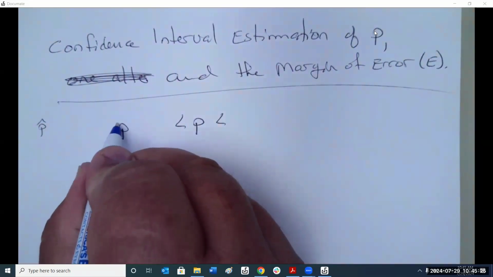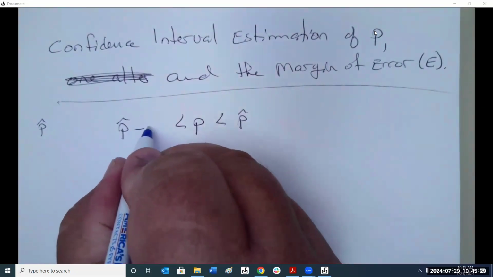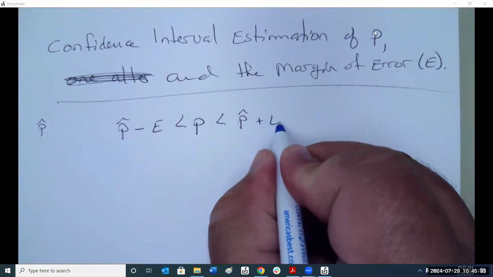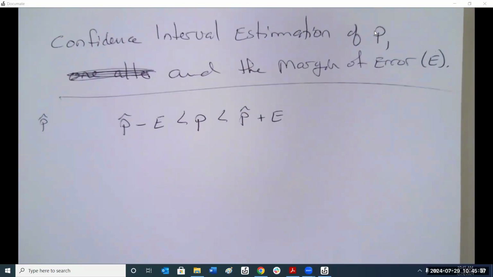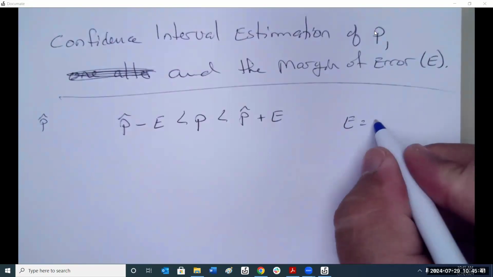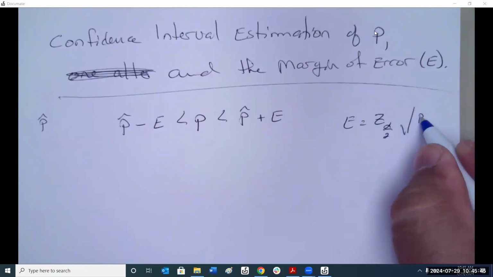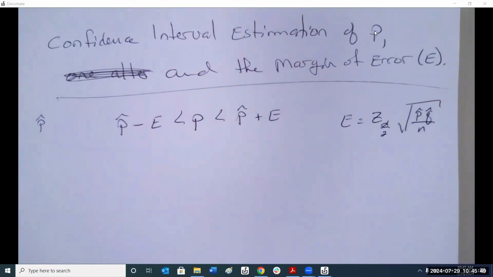So we have our P hat, with our standard error subtracted on one side and added on the other. Remember, our error formula was our critical value times the square root of the sample expression.